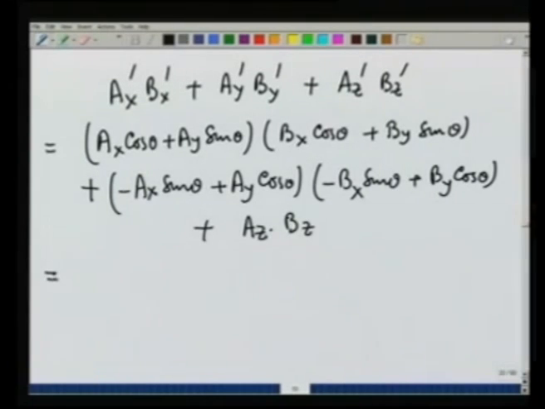This gives you A x times B x cosine square theta plus A y times B y sin square theta.